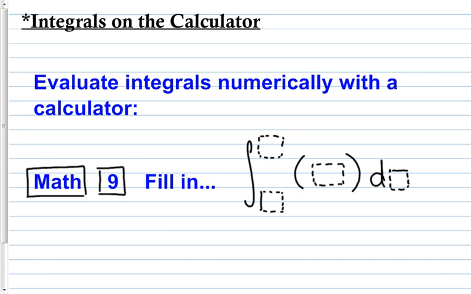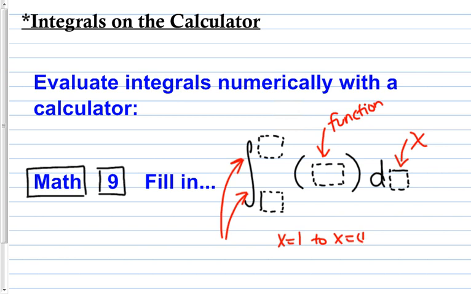And then you're going to fill in. Obviously, here's the function. You're going to put x here, and then here are going to be your limits. So if they told you from x equals 1 to x equals 4, then you put the 1 there and then the 4 there. Okay, so I'm going to show you real quick.